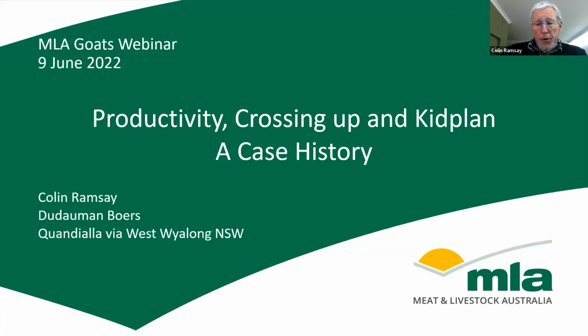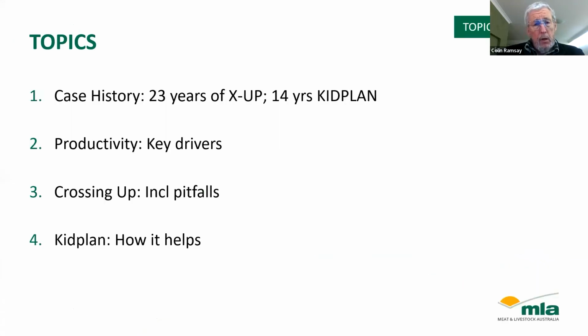What I want to touch on as we go through is, first of all, a quick wrap up of the case history, where we started, where we are now. The journey's not over. What have we learned through that time about productivity? What are the key things that help your turnoff and your profit?